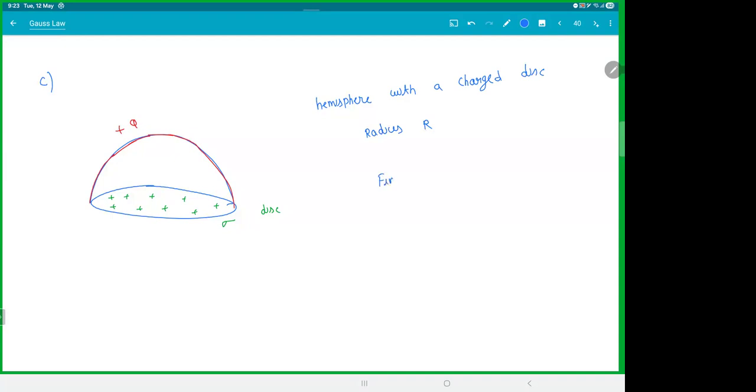Find the force between the disk and the hemisphere. Because both are positive, they'll repel each other.